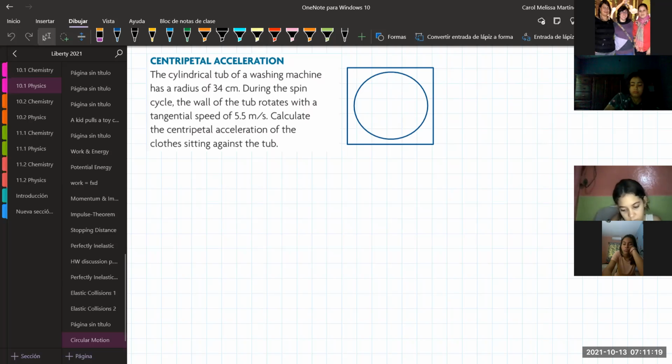Okay, so more or less, this is your washing machine. Now, it said that this cylindrical tube has a radius of 34 centimeters. So from the center to the edge, I have 34 centimeters. It says that during the spin cycle, the wall, the wall is located here at the edge. Okay, this is the wall. So this wall rotates with a tangential speed of 5.5 meters per second.